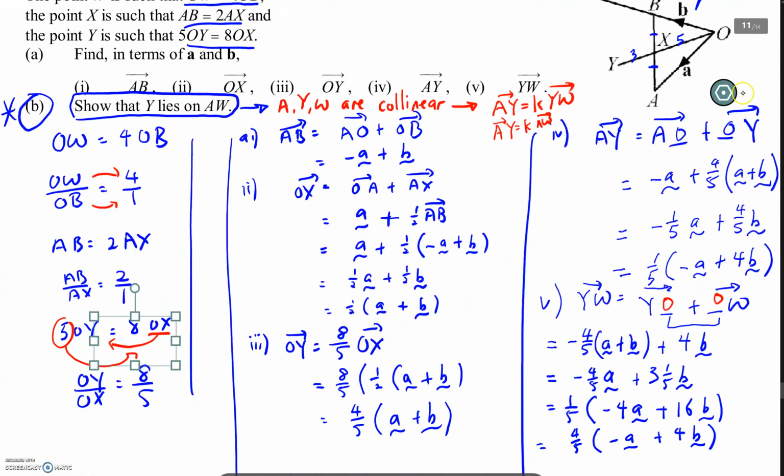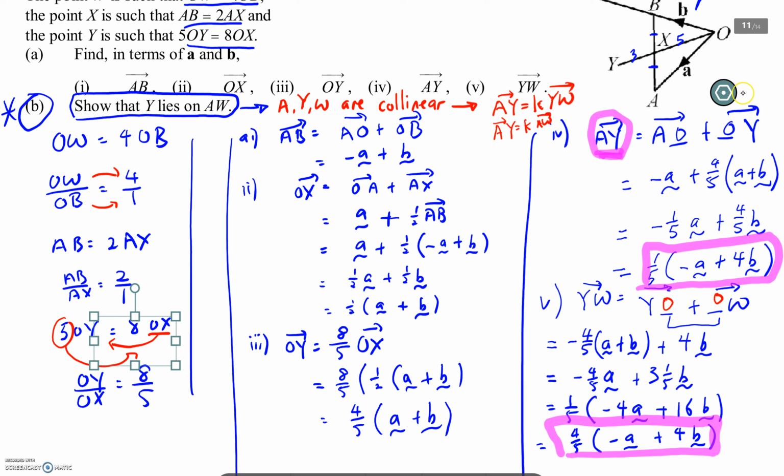Now, let's look at what we have. Do we have AY? Can we do a highlight? Oh yes, you have AY. AY is this. Do you have YW? Yes. That means it's the first one. Again, you have AY, you have YW.